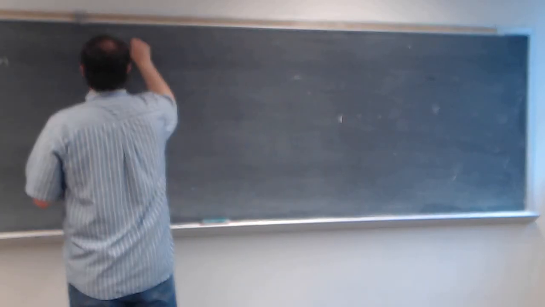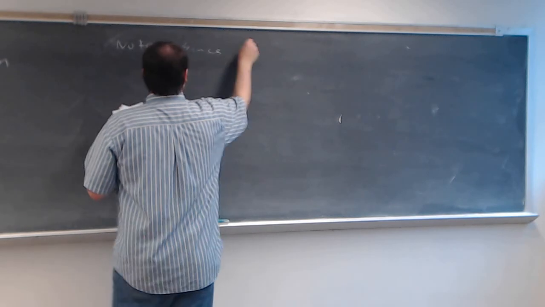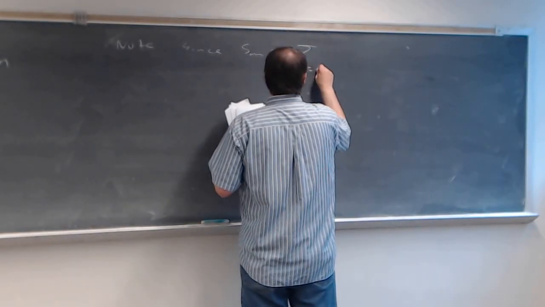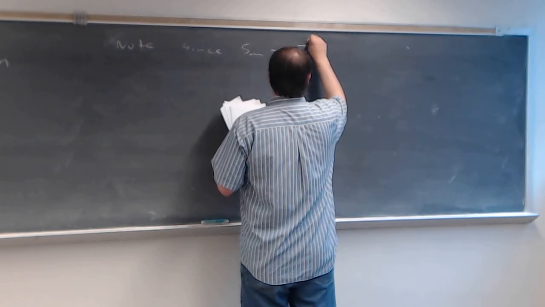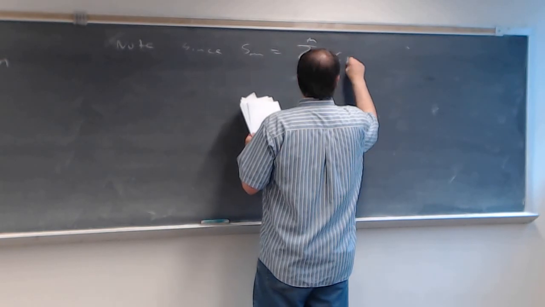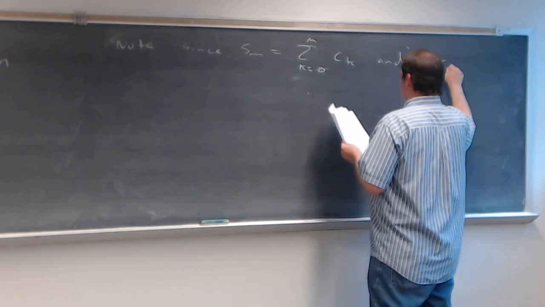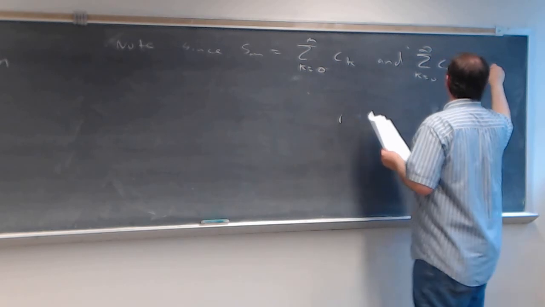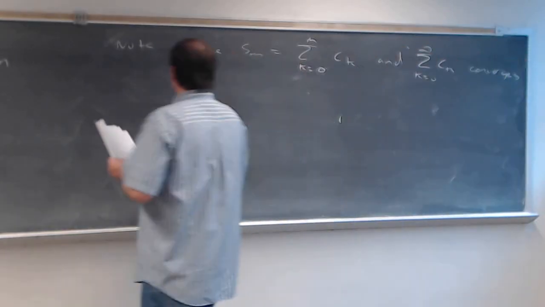Okay. Let's note that s of m is really the sum as k runs from 0 to m of the c sub k's, and the sum of the c sub k's, as k runs from 0 to infinity, converges. So the s sub m are partial sums here.